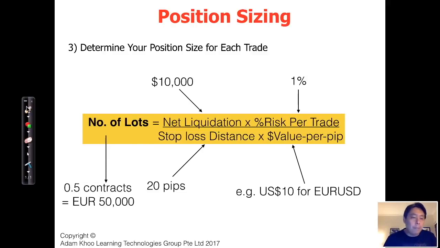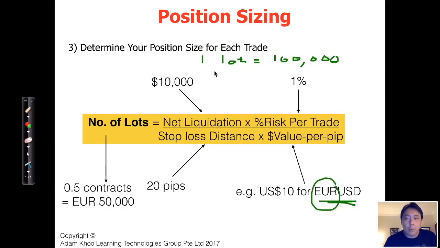Now recall, in lesson 1, one standard lot in forex is 100,000 of the base currency. So in this case, the base currency is Euro, right? So one lot is 100,000 euros. So 0.5 lots would be 50,000 euros.